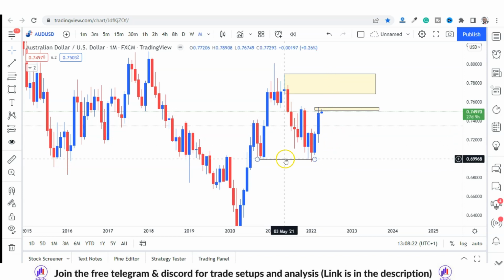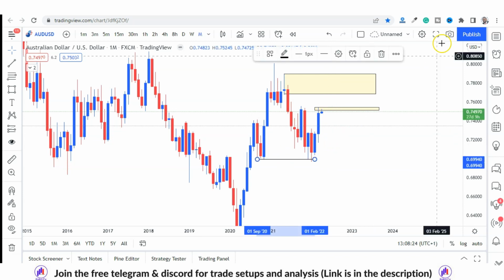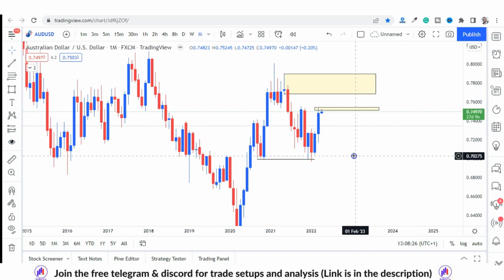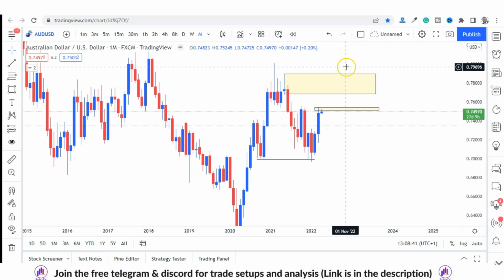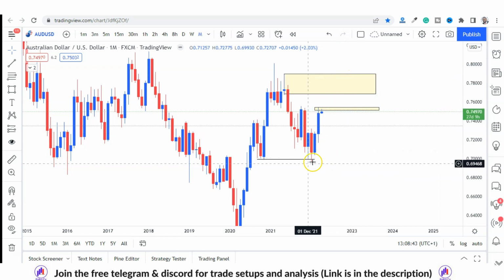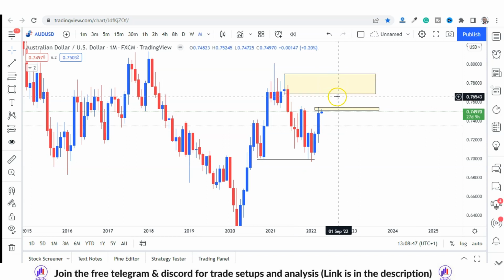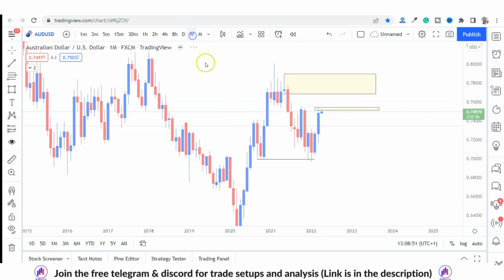From the monthly perspective, the Aussie dollar is bullish because its target is to close this fair value gap here. Until that is done, monthly is bullish. Can we expect a trade down then move up? Yes, but this low will not be taken until this fair value gap is filled. Mark my word. Okay, now the weekly.